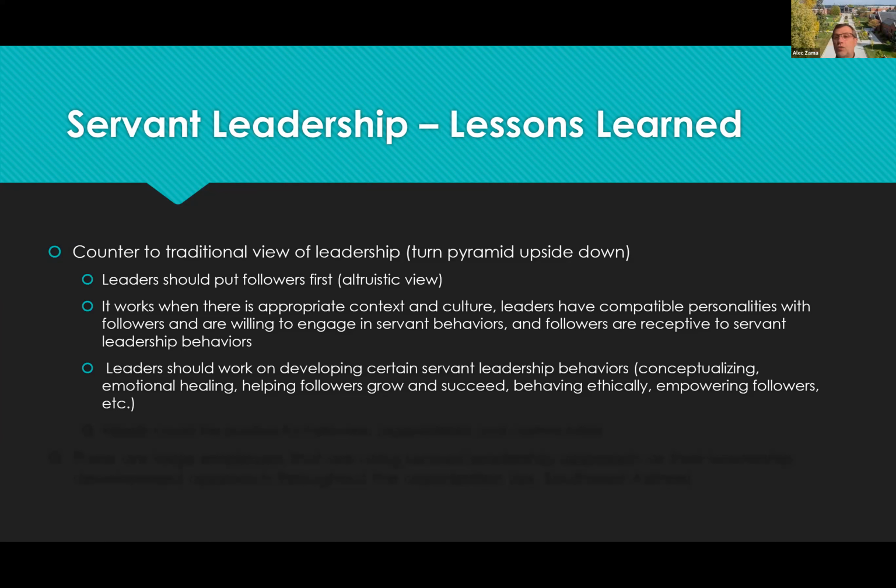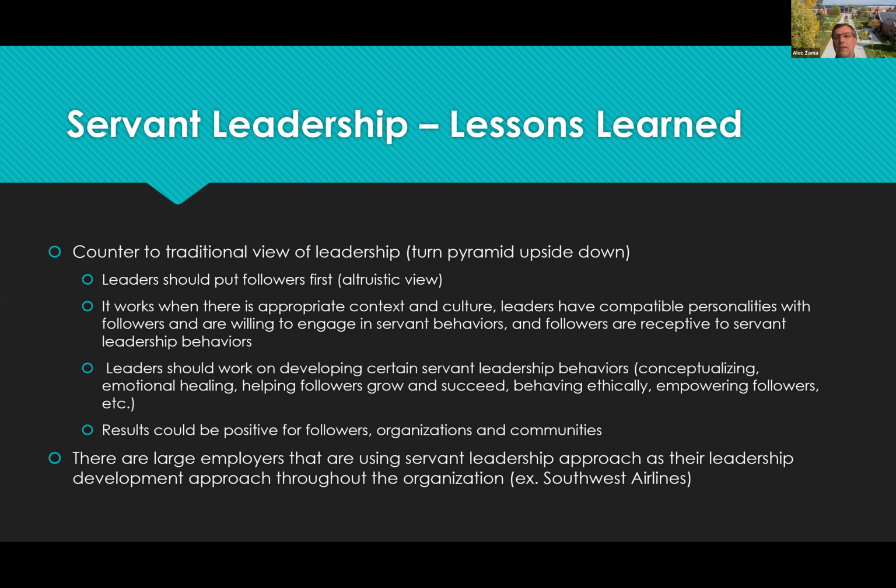So again, leaders should work on developing certain leadership behaviors. We identified them: conceptualizing, emotional healing, helping followers grow and succeed, engaging in ethical behavior, empowering others, etc. And again, there are positive results for individual followers, organizations, and societies.